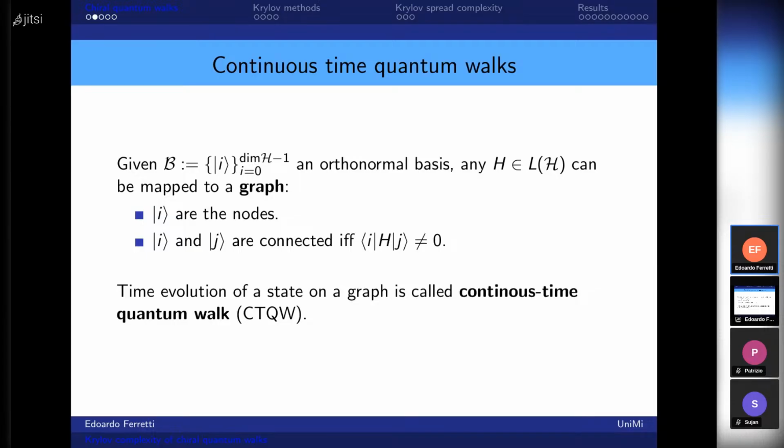As you can see, it's just the Schrödinger equation, unitary evolution. We're just describing it in a different way.